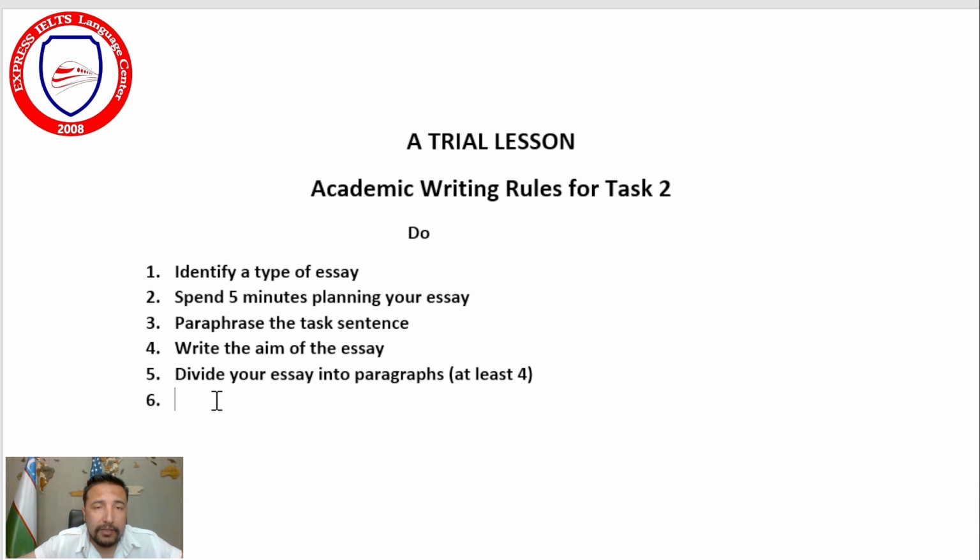Okay, then rule number 6 is that you should start each paragraph with a topic sentence. It's a very important thing, because if you write a topic sentence, the examiner understands what you are going to include.